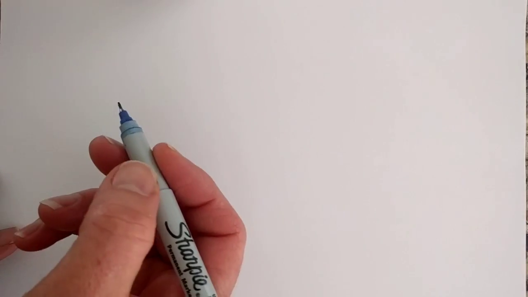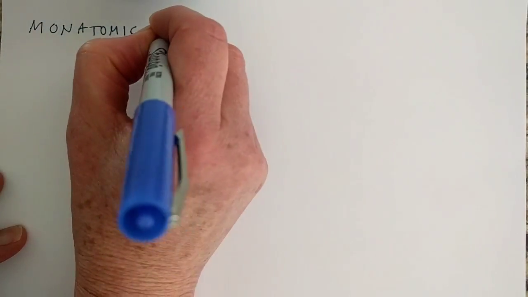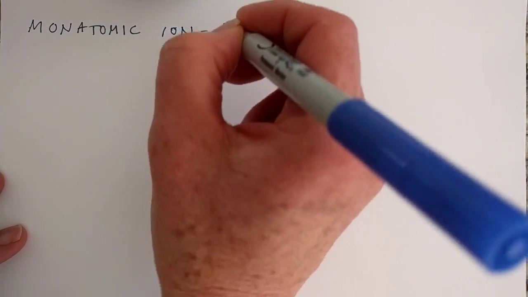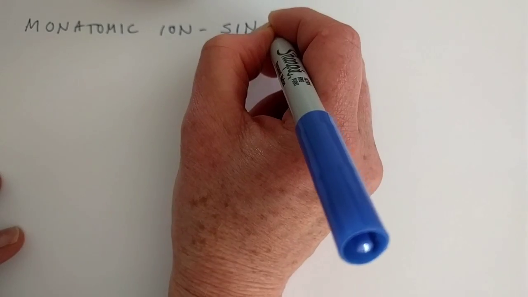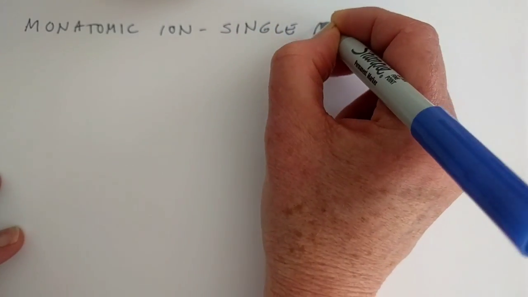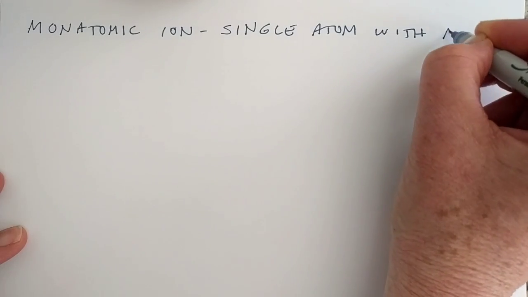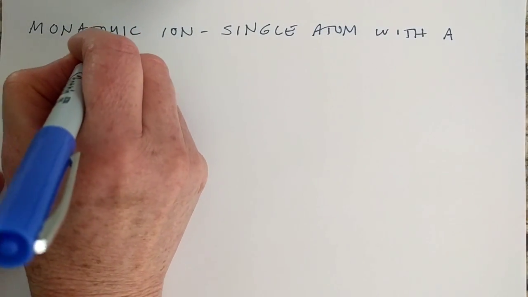All right, so we know for ions we can have monatomic ions or polyatomic ions. So let's review that. A monatomic ion is a single atom with a charge.